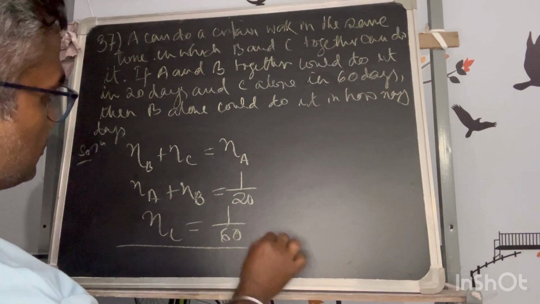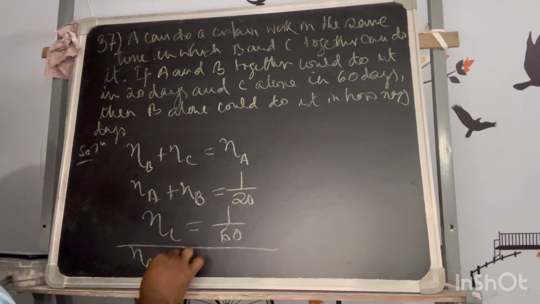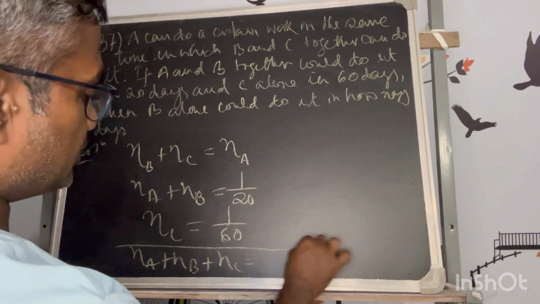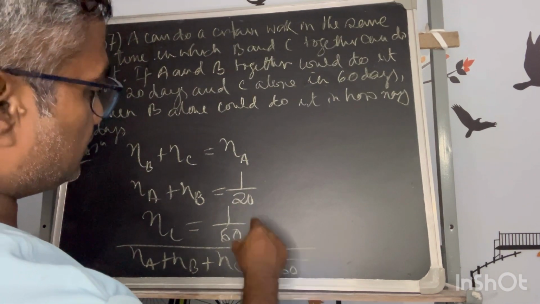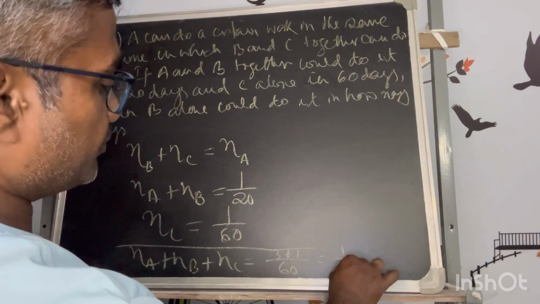Now all together, efficiency of A plus B plus C is how much? This is 1 by 20 plus 1 by 60, that is 3 plus 1, equal to 1 by 15.